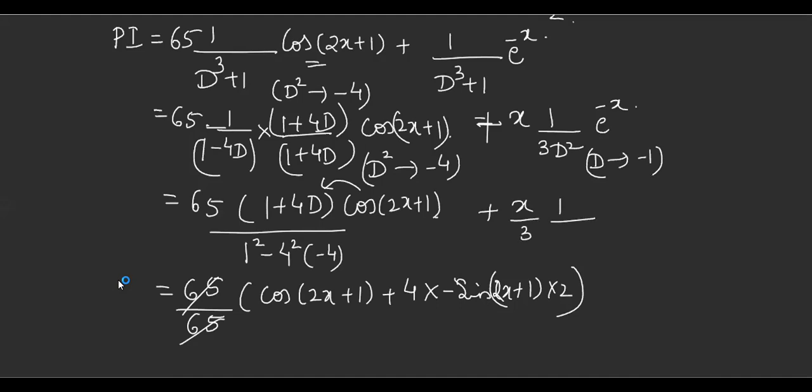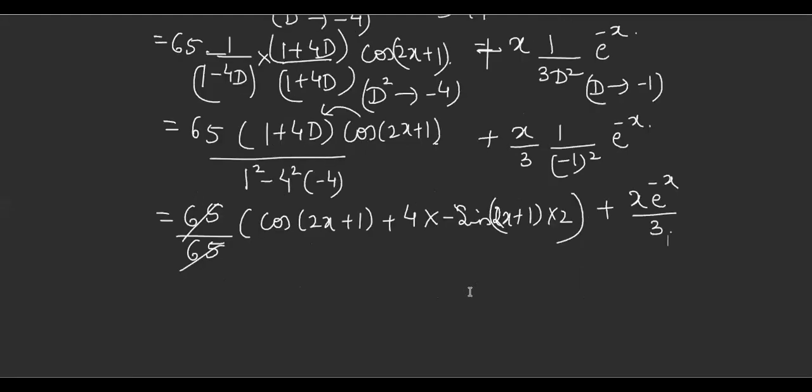D is minus 1, so it is minus 1 square. So the answer is x e raised to minus x by 3. Only thing here is you need to multiply and write the terms. Hopefully you will do that simplification. And what is the last step which will give you 1 mark? GS is equal to CF plus PI. Compulsory step.